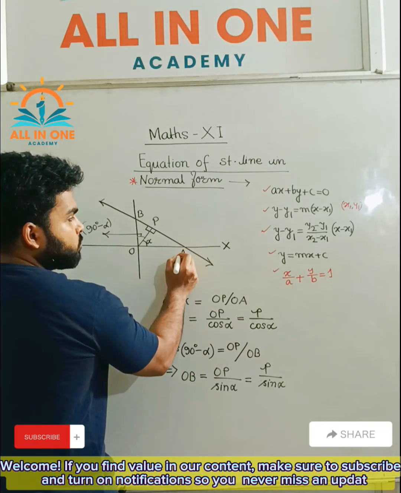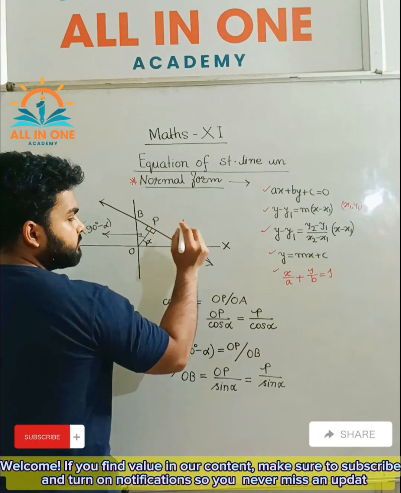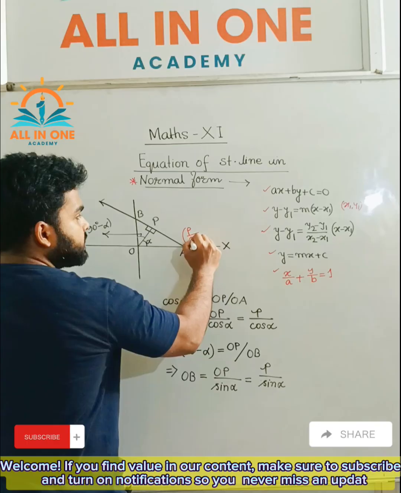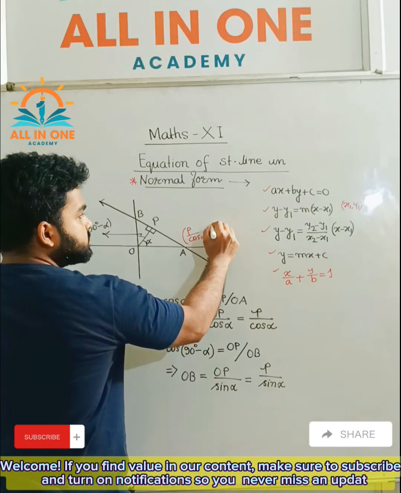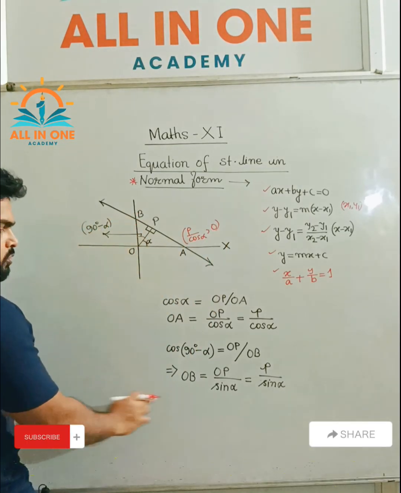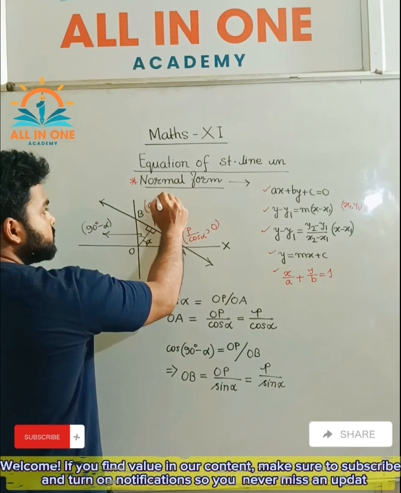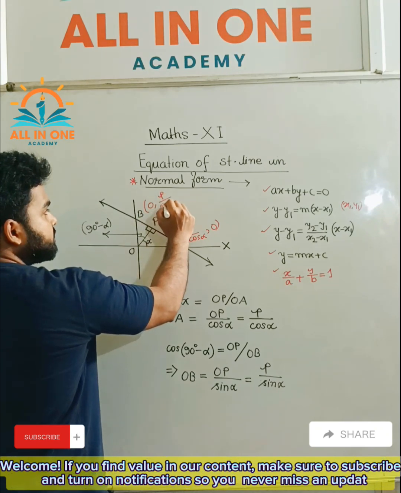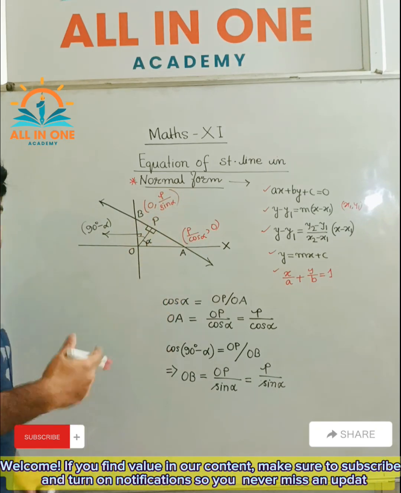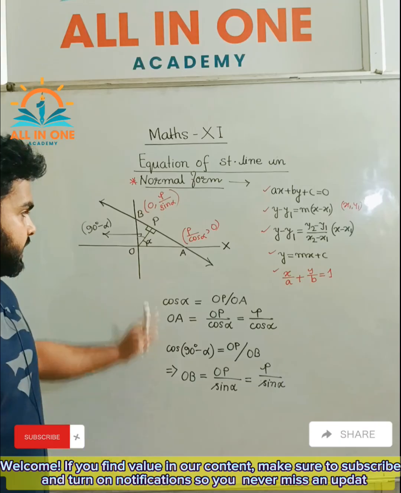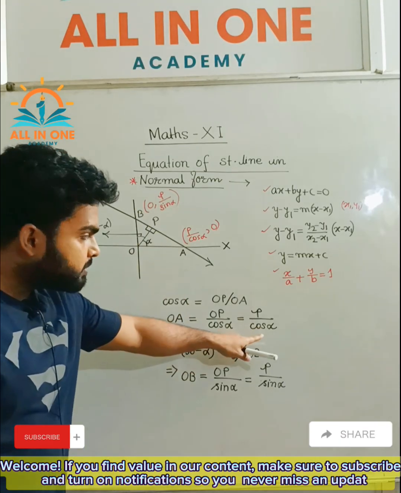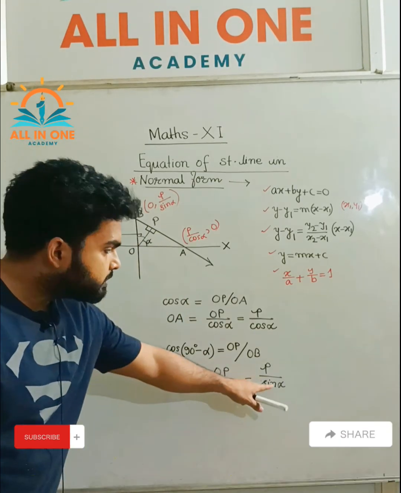So the coordinates of this point will be p by cos alpha, 0. Likewise, the coordinates of point B will be 0, p by sin alpha. In other words, the x intercept of this line will be p by cos alpha and the y intercept will be p by sin alpha.